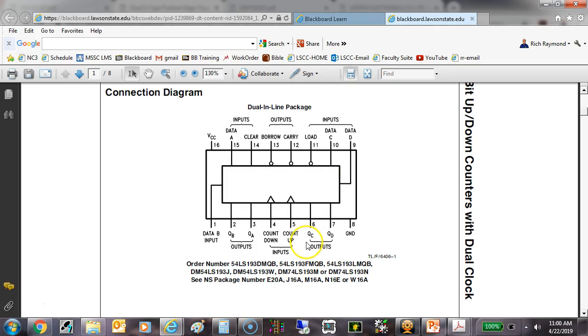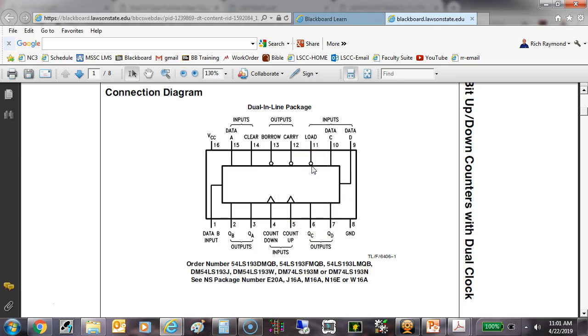So I would take the borrow of this one and hook it to the count down of the next one, and I would take the carry and hook it to the count up of the next. So now we've got an 8-bit counter that either does what? Counts up or counts down. Also, we've got a data input. We've got an A, B, C, D input. And then I've got this one pin right here called what?